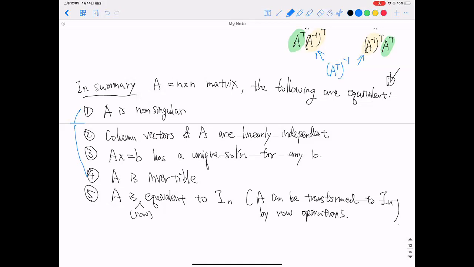And let's see what else. Being non-singular means that the homogeneous system has a unique solution, the trivial solution. It then follows from the definition of linear independence that 1 and 2 are the same.